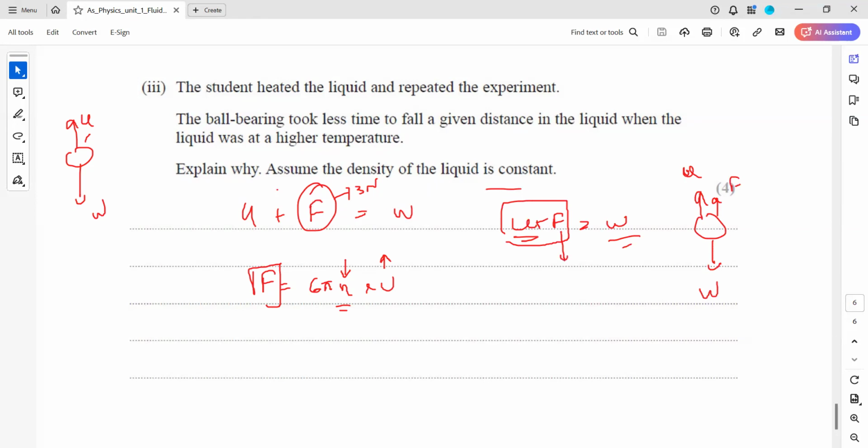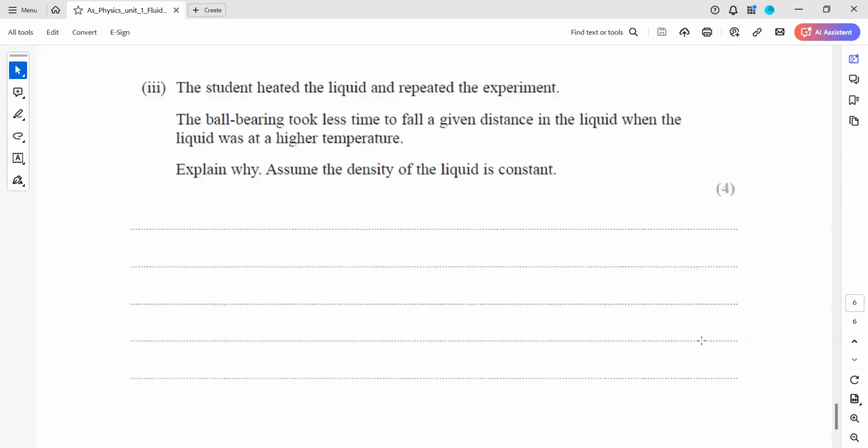So now for the viscous drag, we want a constant value, which is 6 pi eta R V. The radius cannot be changed. And when we increase the temperature, the viscosity is decreasing. So the terminal velocity should increase to balance the change in viscosity. That's why the ball bearing will have a higher terminal velocity, because we want a constant value for the viscous drag.